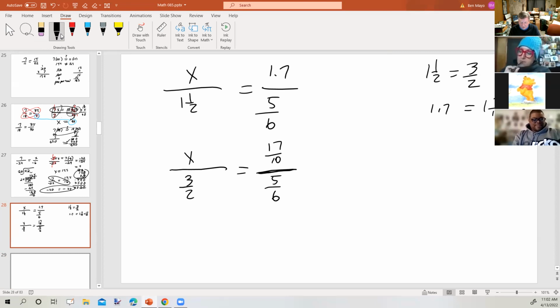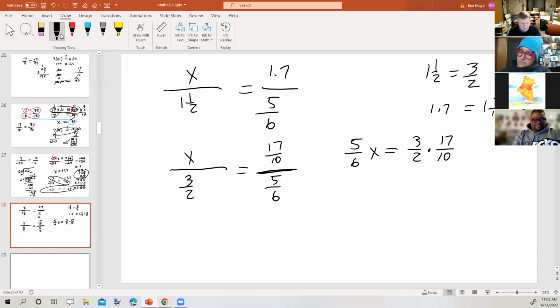All right, so now let's set the cross products equal. 5/6x equals 3/2 times 17/10. We okay there? Any questions so far?